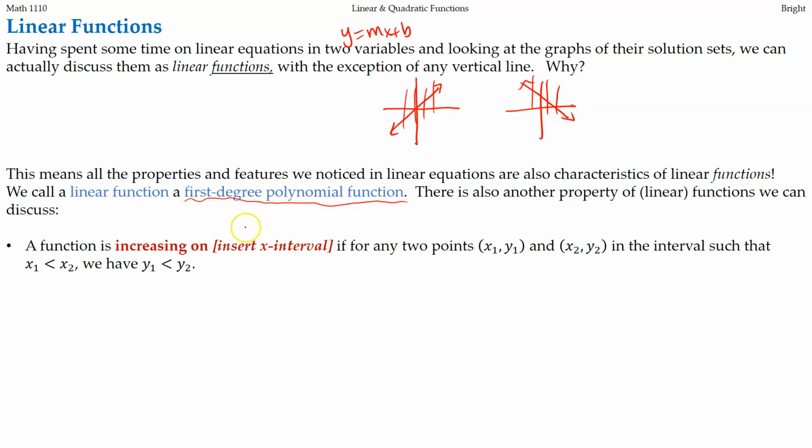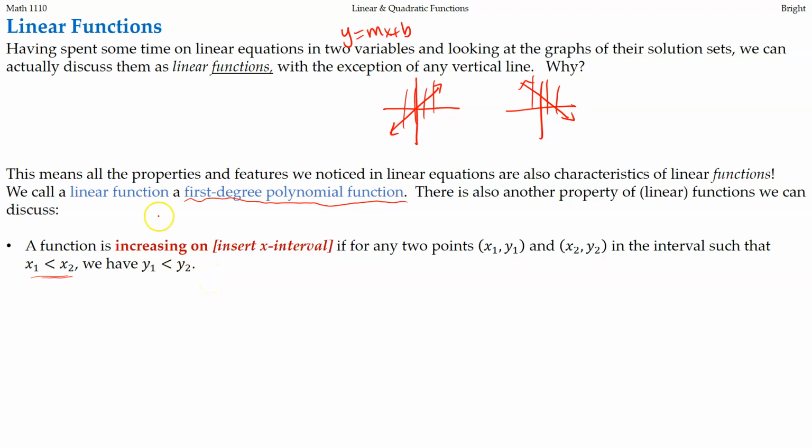So this would be like, maybe, minus infinity to 3 or something. It would be some range of x values, right? If, and now here's the technical language, for any 2 points, x1 and y1, in that interval, if we look left to right, it is also rising.